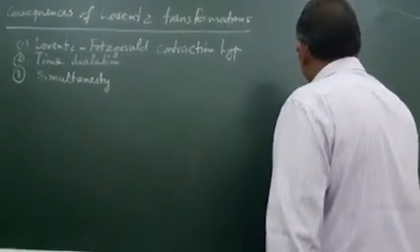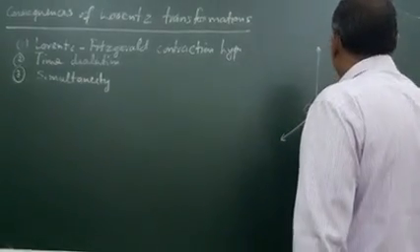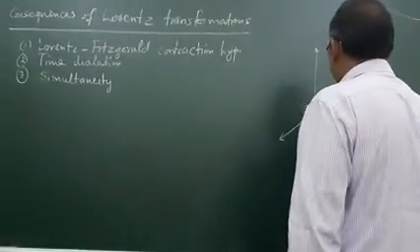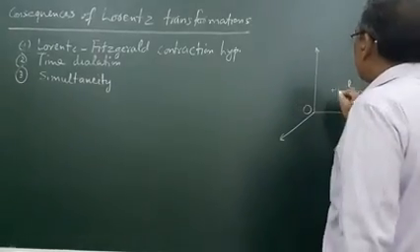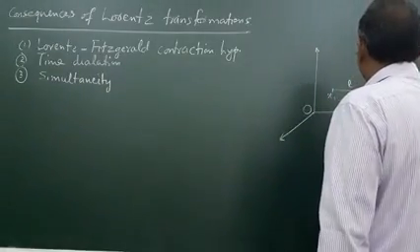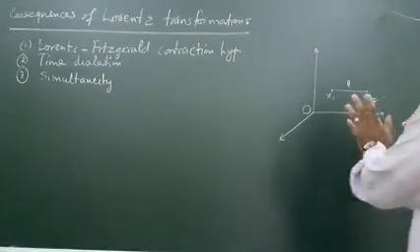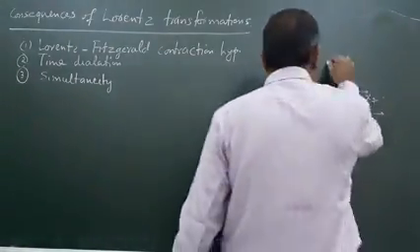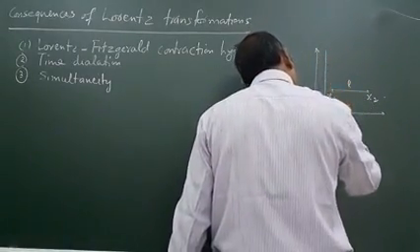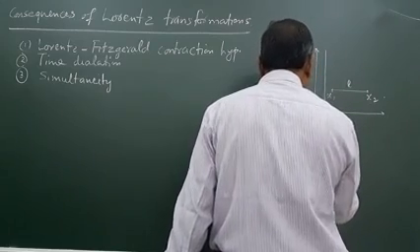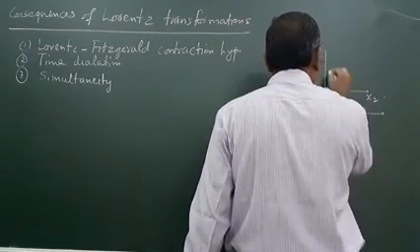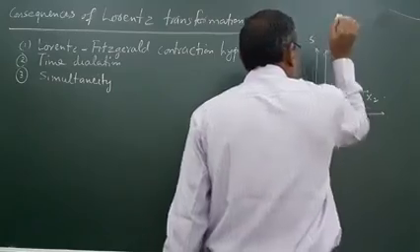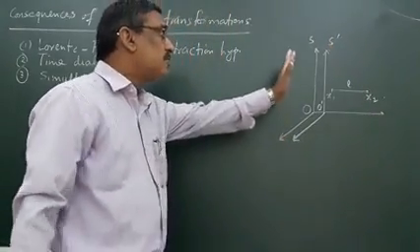The observer in this frame is observing a rod moving along the x-axis whose length is L. Its coordinates are x1 and x2, so x2 minus x1 is equal to L. Now the length of the same rod in the second frame, say this is your S frame and this is your S dash frame, with S dash moving relative to S with velocity v.